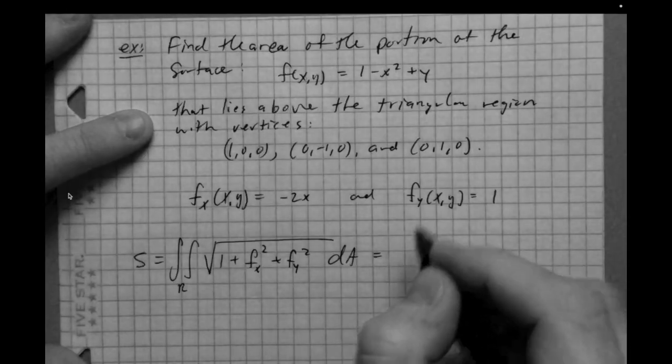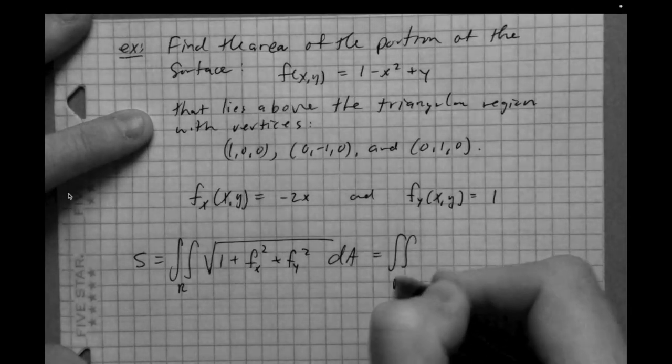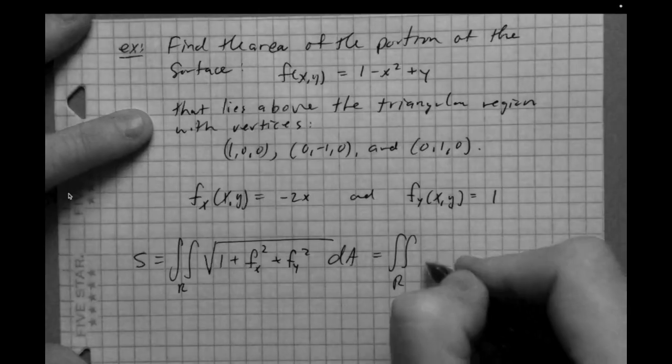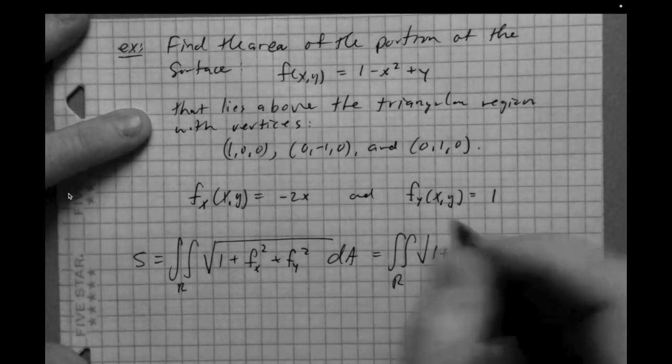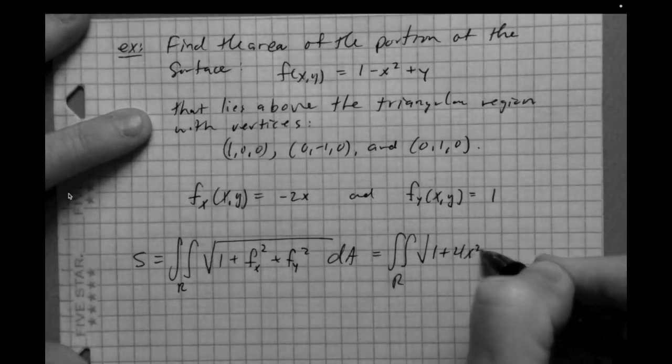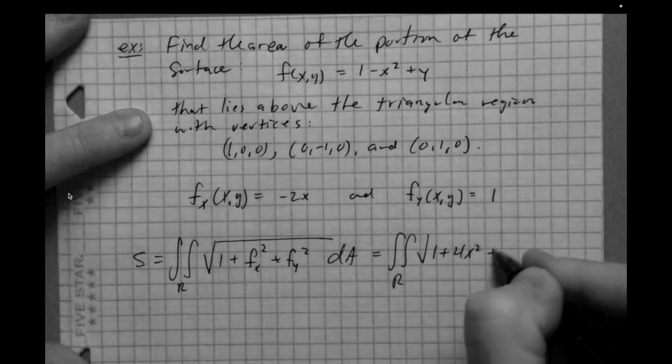In this case, it's the double integral over R of 1 plus, we square that, we get 4x squared, and we square that, we get 1.